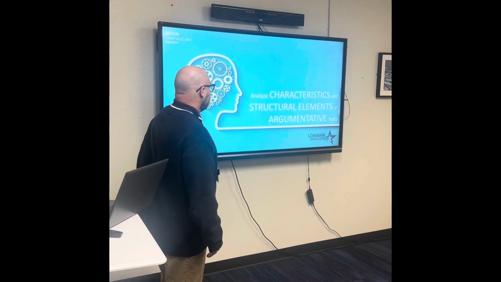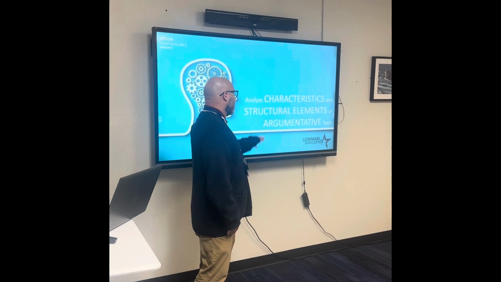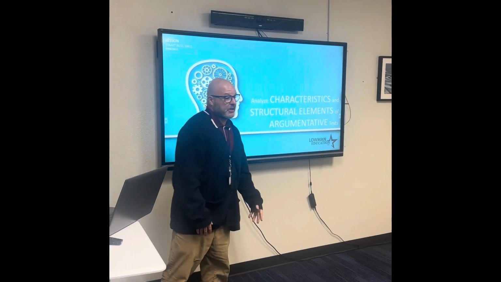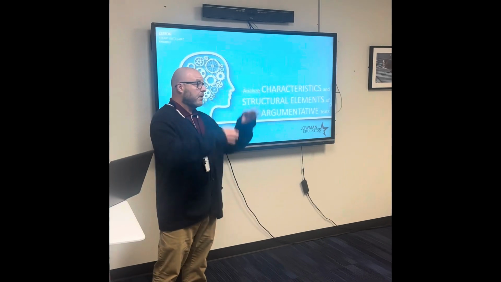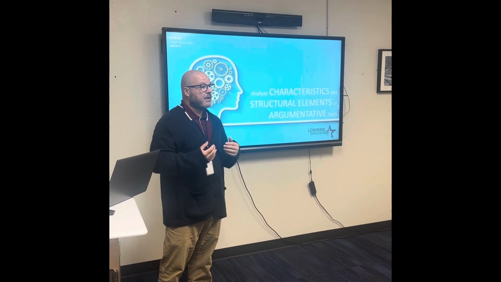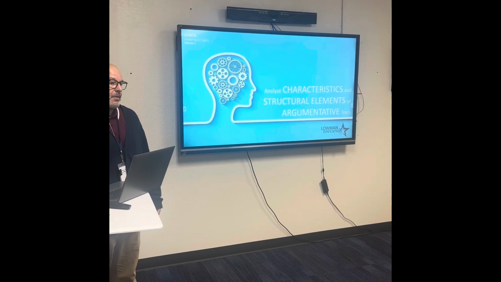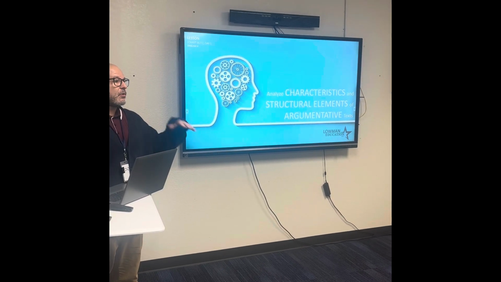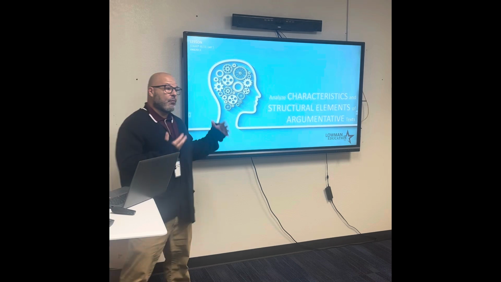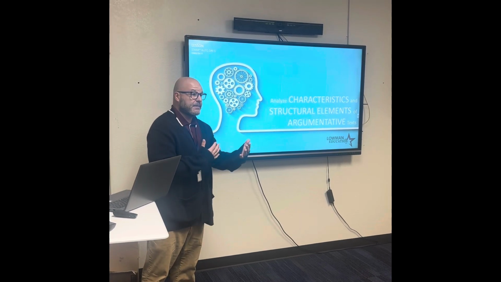So the objective today, we're going to analyze characteristics of an argumentative text. We're actually going to begin writing for real, and I'm going to try to take them through a process. You guys today, I'll go through a process to show you what are the main things that we're looking for. What's interesting about writing is that it goes two ways, right?